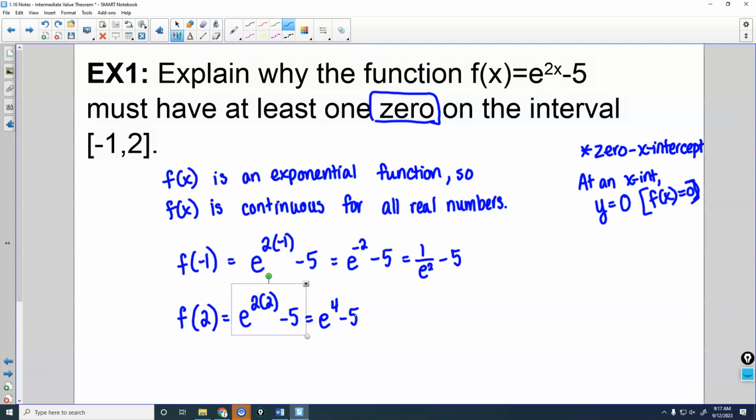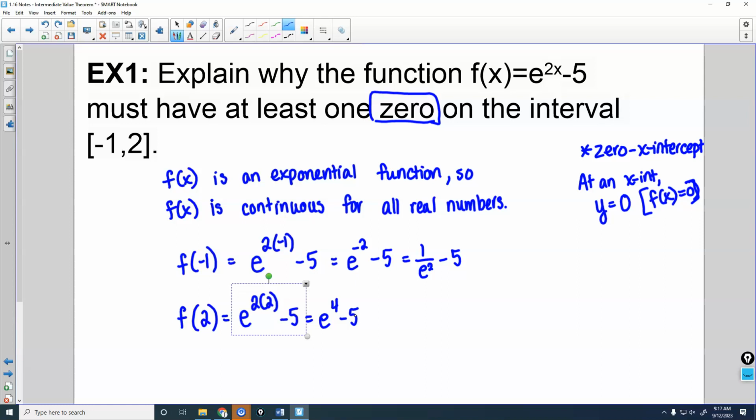Okay, so this is not good because I don't know either one of those and I can't use my calculator on those. But I really don't have to know what those values are. I'm looking for a 0. What does my y value equal whenever I have a 0 or an x-intercept?